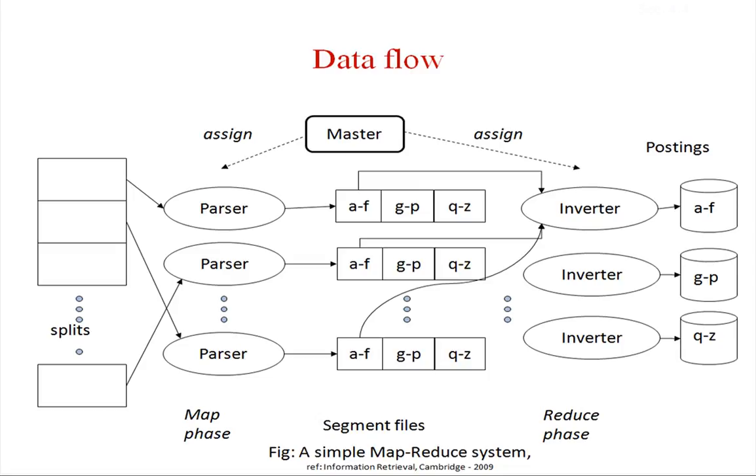Now there is a simple example of how a distributed indexing based system generally works. For example, this is a document string. So we parse the document into a string, and the master system assigns the parsed index to different clusters.